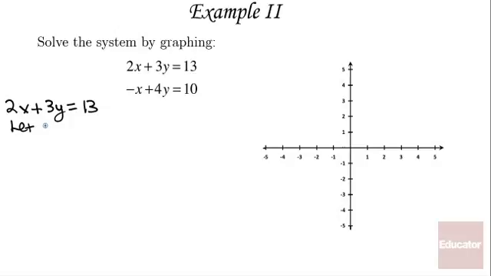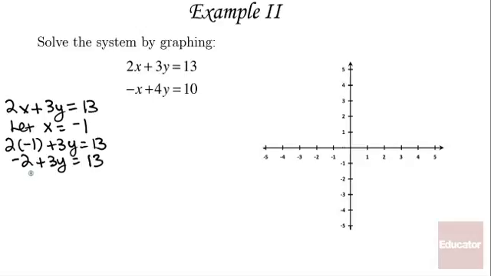First, I'm going to let x equal -1. That gives me -2 plus 3y equals 13. I'm going to add 2 to both sides, which will give me 3y equals 15, and then divide both sides by 3 to isolate the y, and I have my first point.